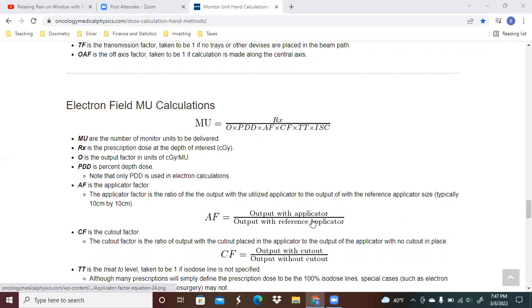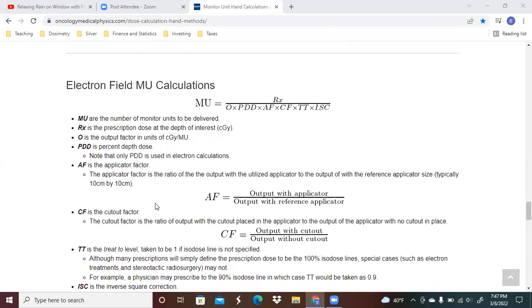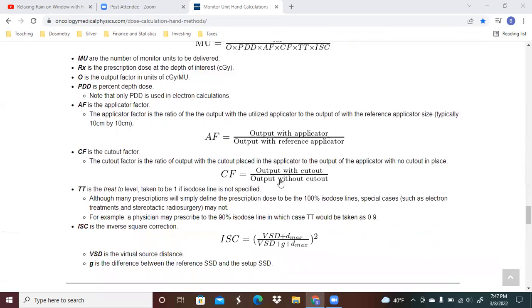Anyway, this is if you're using a specific applicator as opposed to some sort of reference that they might use in order to calibrate the machine. Cutout factor, and the cutout that they're talking about is having the block there: what is the output with the cutout in it as opposed to the output without it.